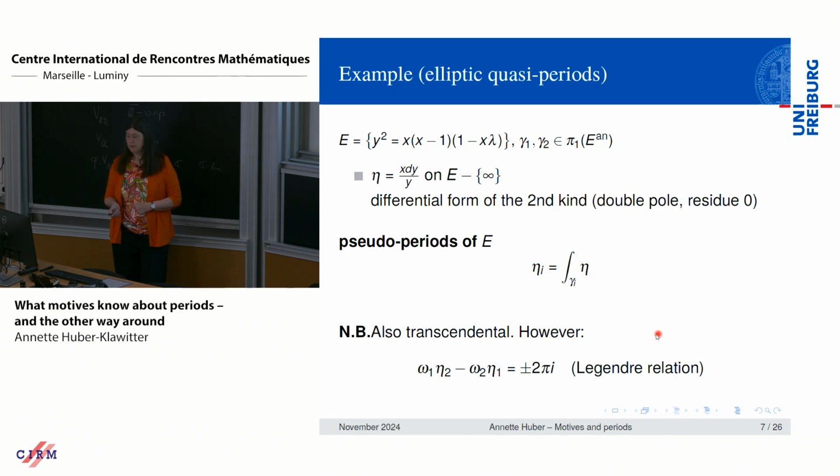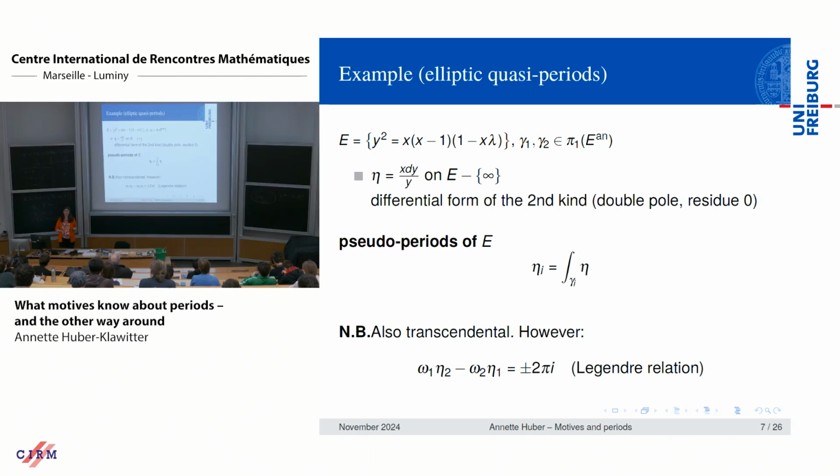But then there is this relation between them. So omega 1 eta 2 minus omega 2 eta 1 is 2 pi i. I didn't choose orientation, so the sign is not completely clear. But this is the Legendre relation between these period numbers.